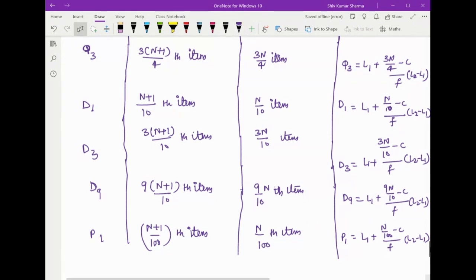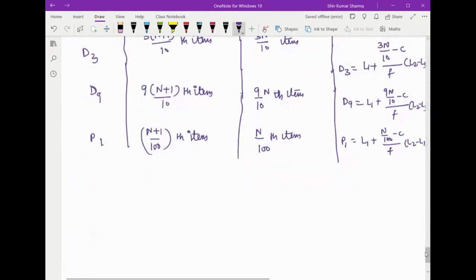Similarly, you can write for P99. I am writing P99 last. You can make the formula for others, that is P2, P3, P4.